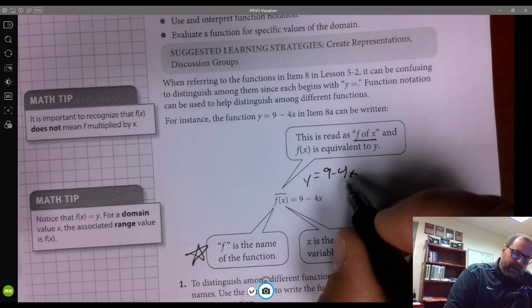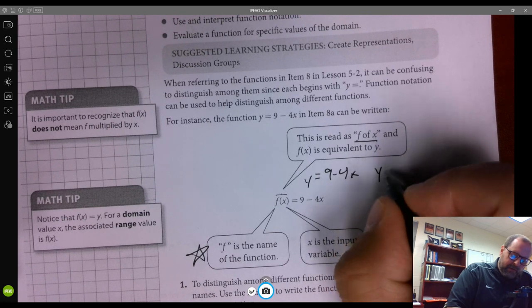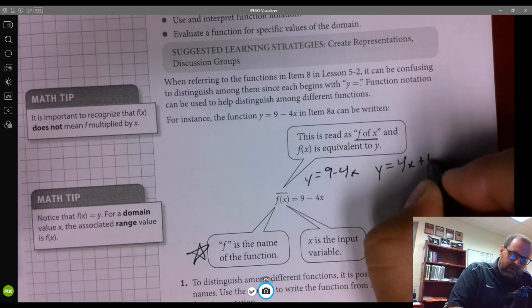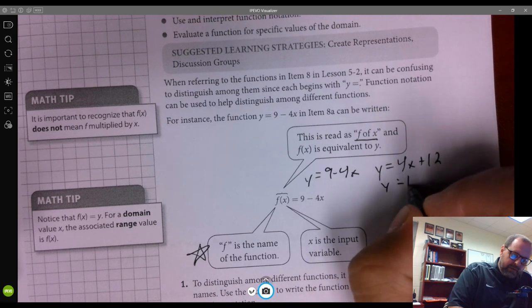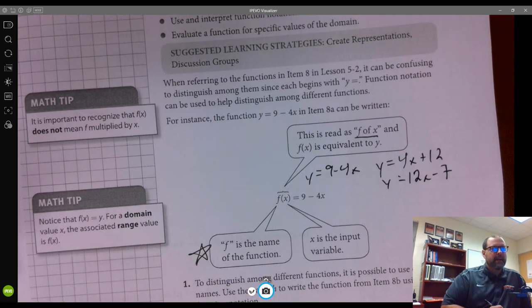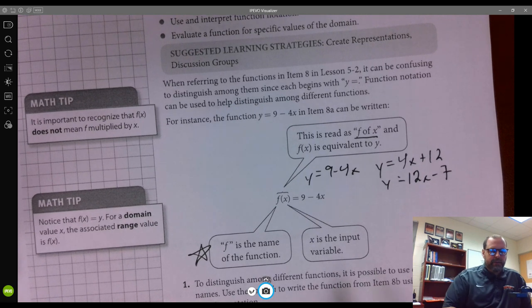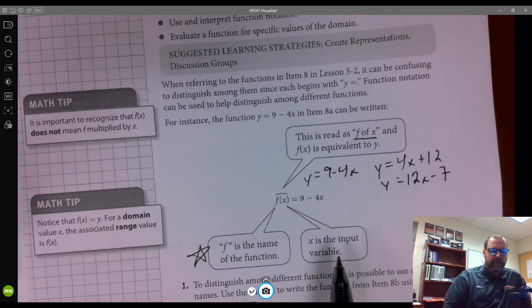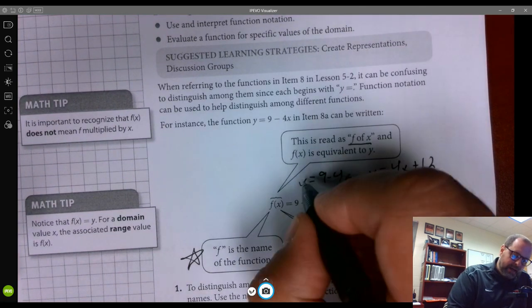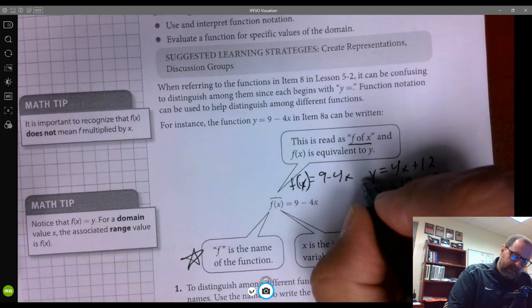Why? Well, if I had y equals 9 minus 4x, and let's say I had another line, y equals 4x plus 12, and y equals 12x minus 7. Now the same numbers, all that in there. Well, instead of saying the first one or the second or the third one, and maybe you have a different order, I can name them. So instead, I could call this f of x.